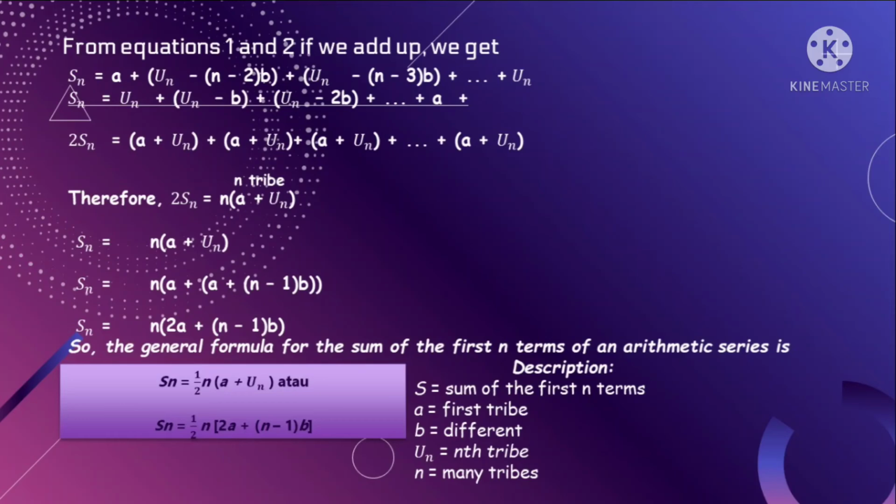So, the general formula for the sum of the first n terms of an arithmetic series is Sₙ equals 1/2 times n times (a plus uₙ), or Sₙ equals 1/2 times n times [2a plus (n minus 1) times b].